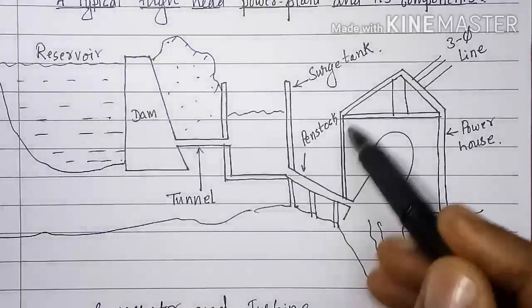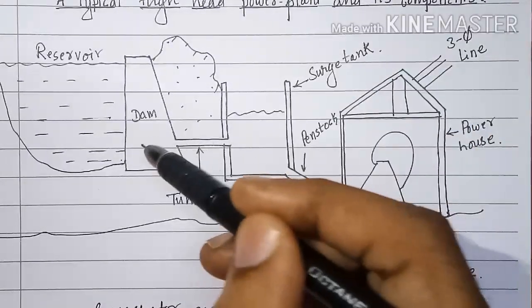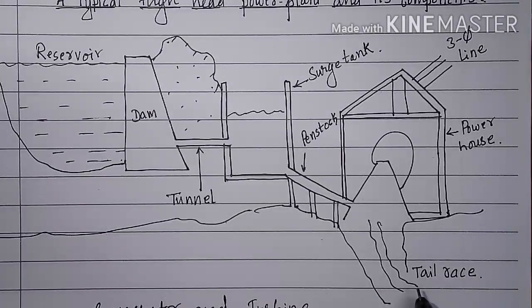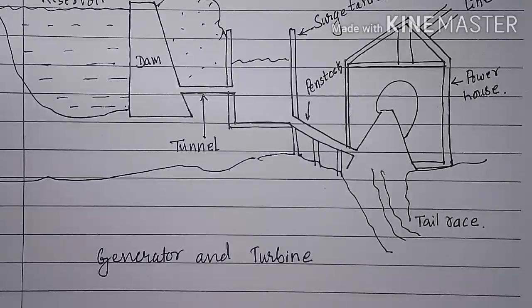That is powerhouse, penstock, surge tank you have studied, dam you have studied, reservoir you have studied, tunnel you have studied. Only we are now left with generator and turbine, and about generator and turbine we will study in next class. Thank you.